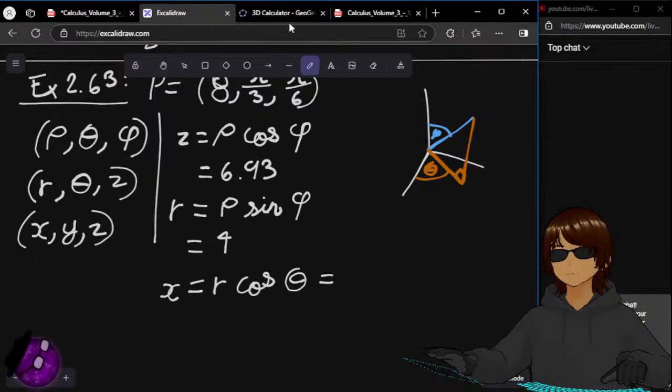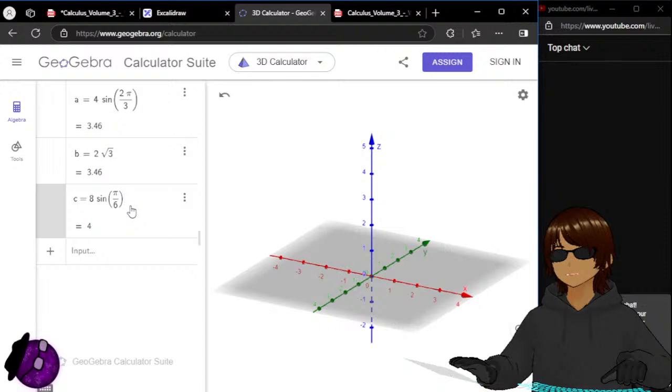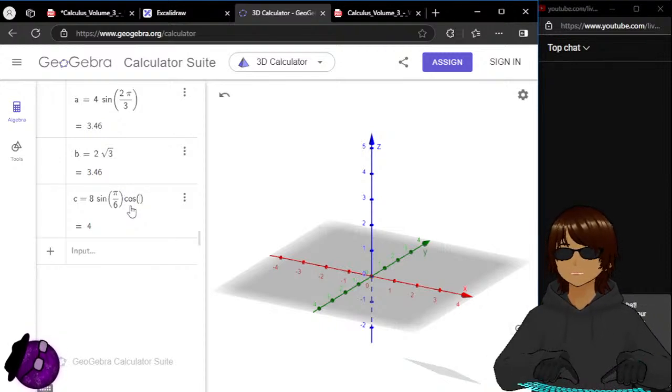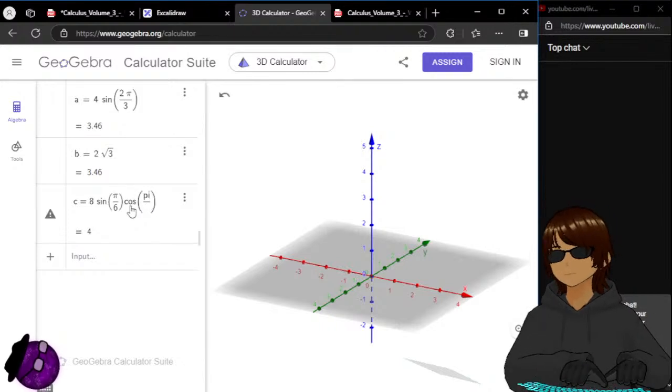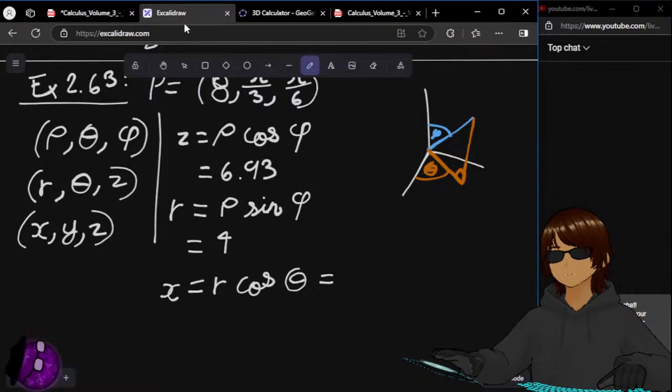Then we do 4 times cos pi over 3, which is 2.